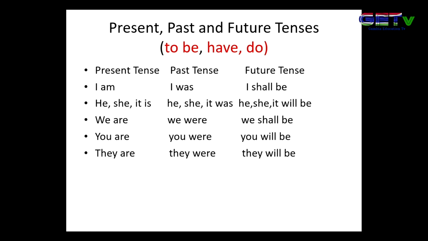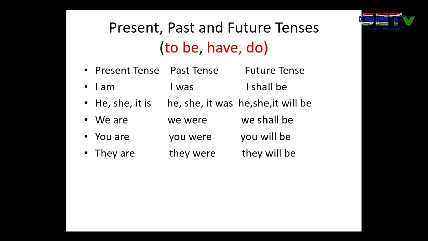Now, let's look at their present tense, their past, and their future. I am, for example. In the past, we would say I was. In the future, we say I shall be.